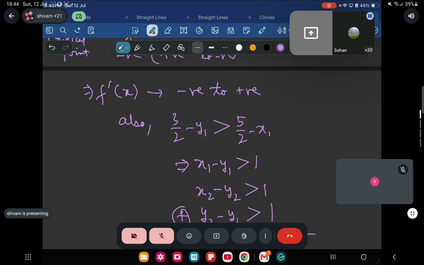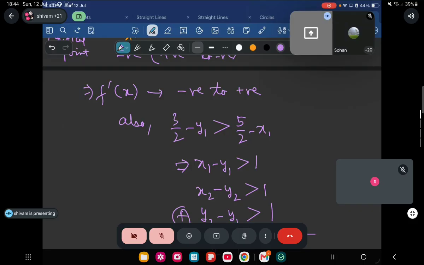No, wait, y2 minus x1. I've written it incorrectly. Check it properly. These are all consecutive points: y1, x1, y2, x2, y3, x3.